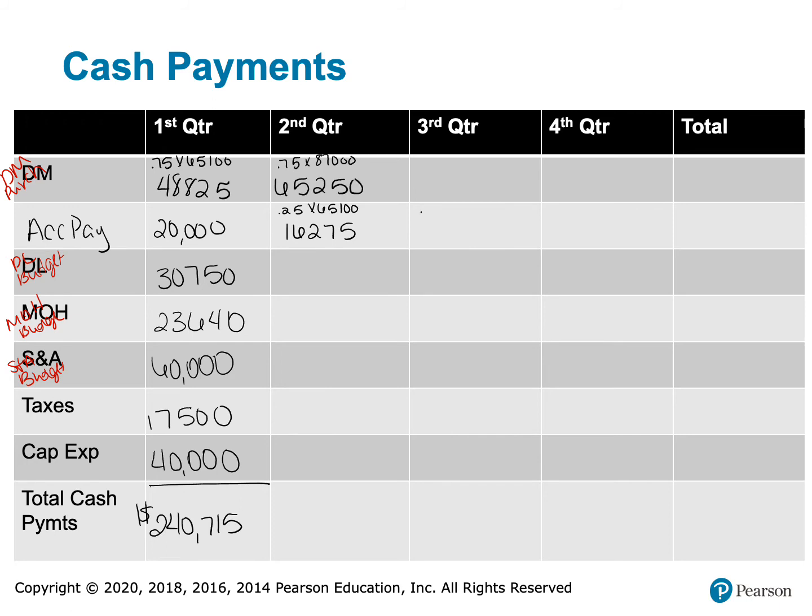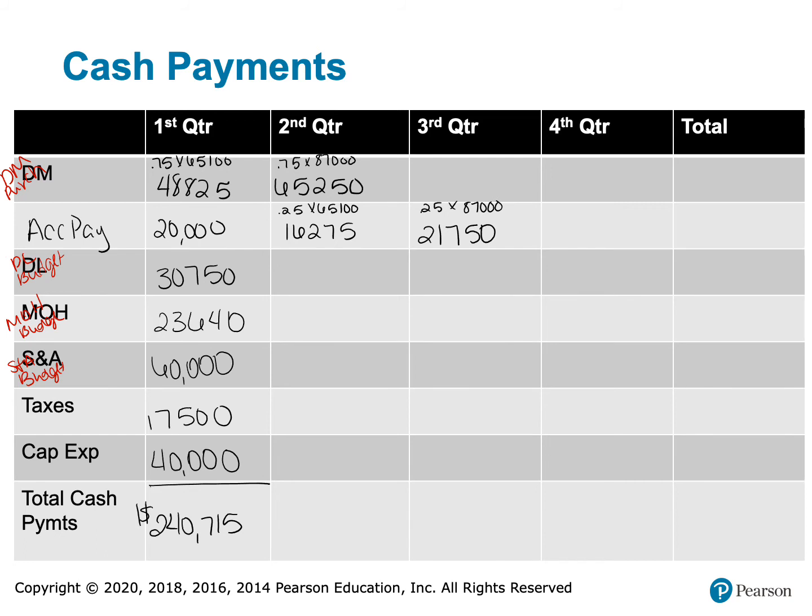Now, the other 25% of quarter 2's materials purchases will be paid for in quarter 3. So I'm going to go ahead and fill that column in. And I believe that 25% of 87,000 is 21,750. So I know that in addition to quarter 2's materials purchases, I have to pay the other 25% of quarter 1's material purchases, which I already have in there.